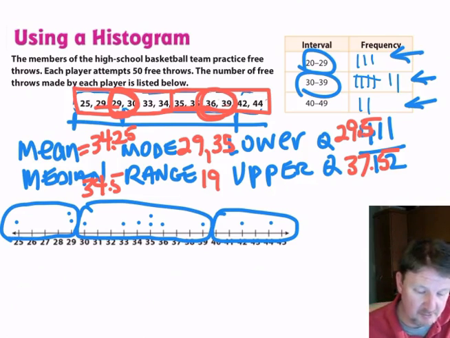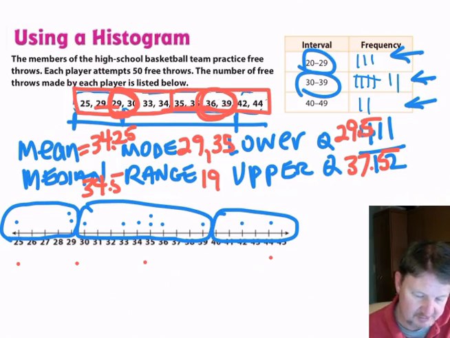Now, if I wanted to go ahead and create a box plot, I could do that. My lowest number is 25. I'm going to create it below. My highest number is 44, which is right there. My median is 34.5, so that would be about right there. My lower quartile is 29.5, so that would be right there.